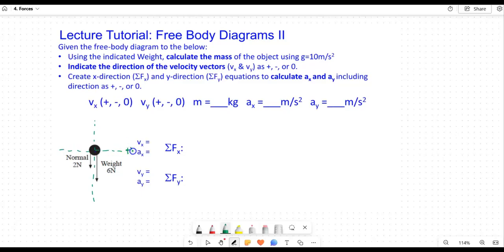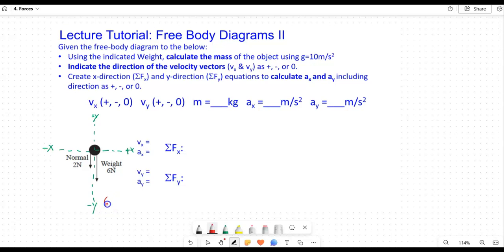This is positive x, this is positive y, this is negative x, and this is negative y. So the first thing we're supposed to do is calculate the mass of the object, given that g is equal to 10. Well, the weight here is 6 newtons.